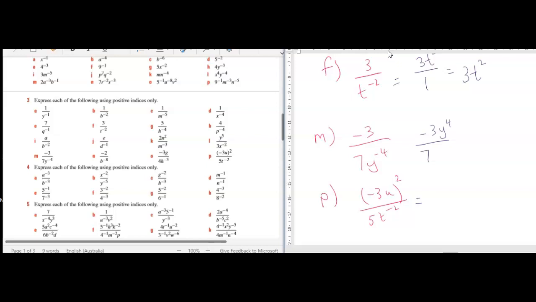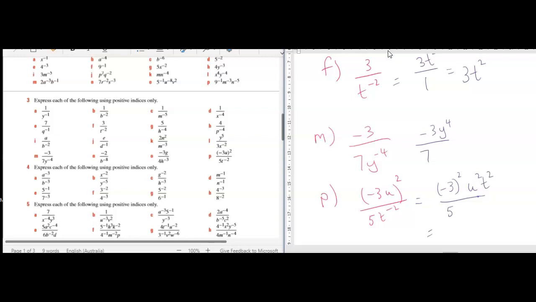Okay, so remember back to our previous index laws. So this 2 applies to this negative, and I'm going to put it in brackets just so we remember to deal with that negative sign. Okay, the 5 isn't taken to the power of anything, so that can stay on the denominator. The T being a negative power can come up on the numerator.